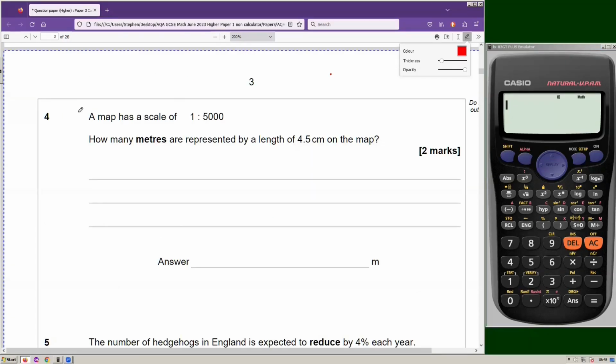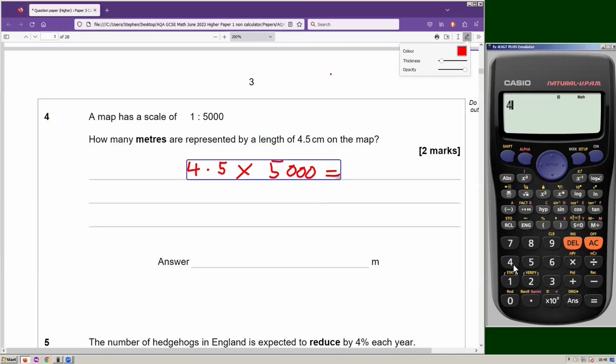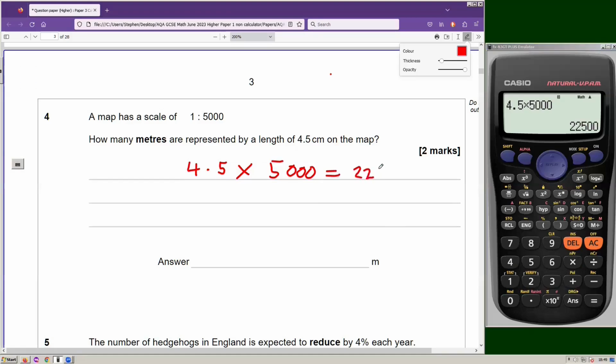Question 4. A map has a scale of 1 to 5,000. How many meters are represented by a length of 4.5 centimeters on the map? Okay, so that's just 4.5 times 5,000, which is going to equal 22,500.